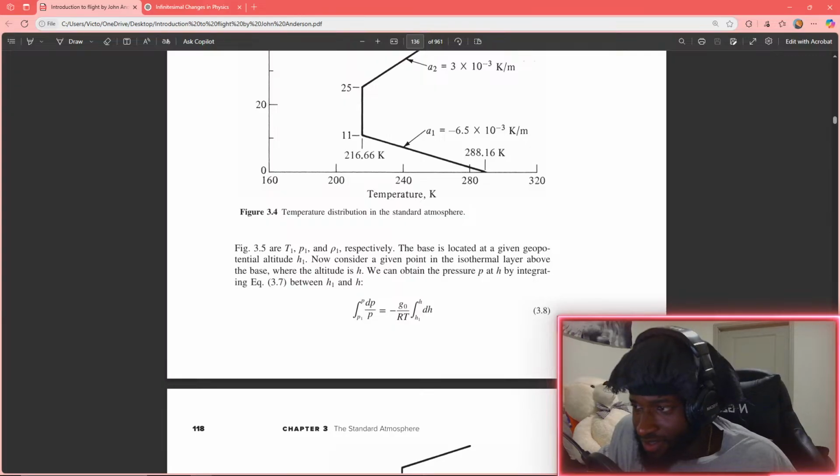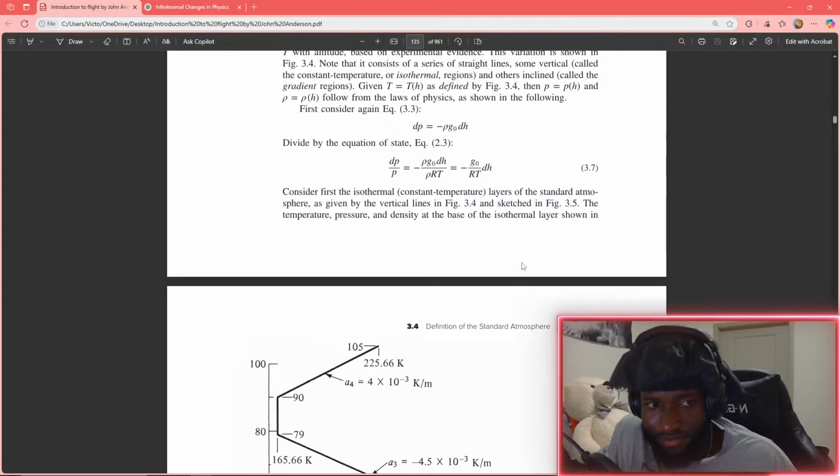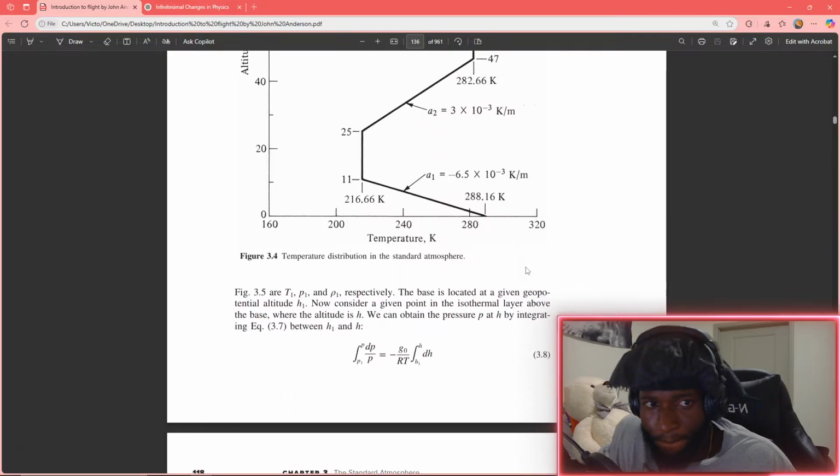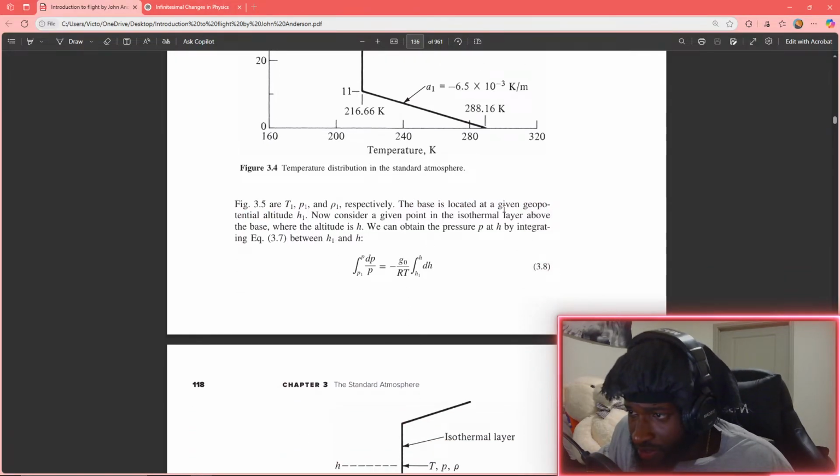I'm just reading on this. Oh, okay. The base is located at a given geopotential altitude h1. Consider a given point in the isothermal layer above the base where the altitude is h. We can obtain the pressure P at h by integrating 3.7 between h1 and h.